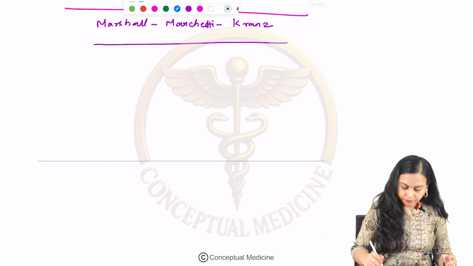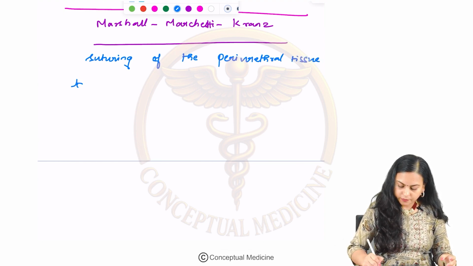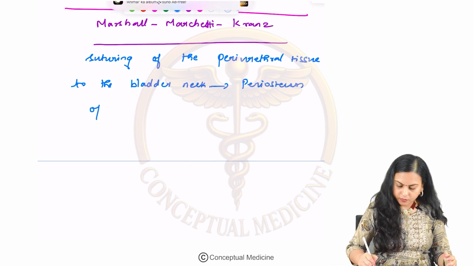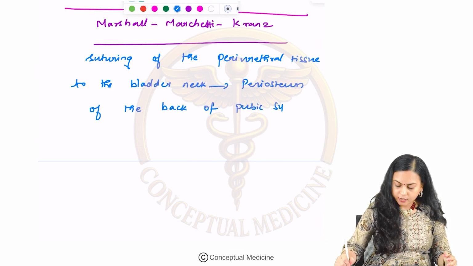So, here there is suturing of the periurethral tissues to the bladder neck, okay, and then to the periosteum of the back of the pubic symphysis as well.